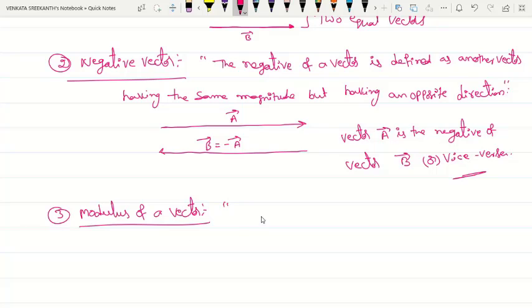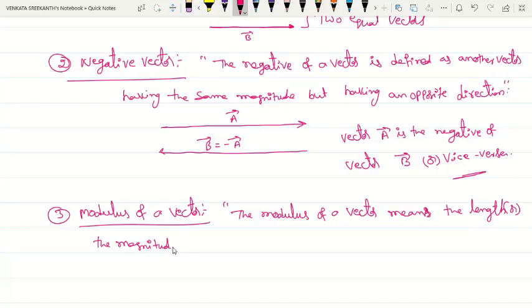That means the modulus of a vector means the length or the magnitude of that vector.